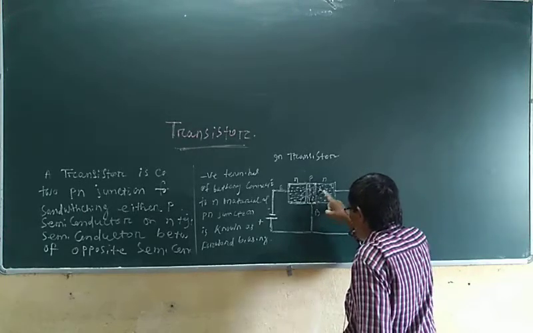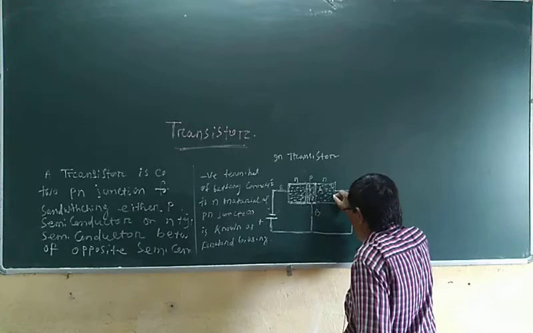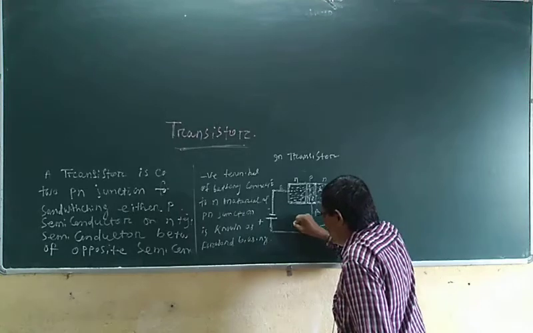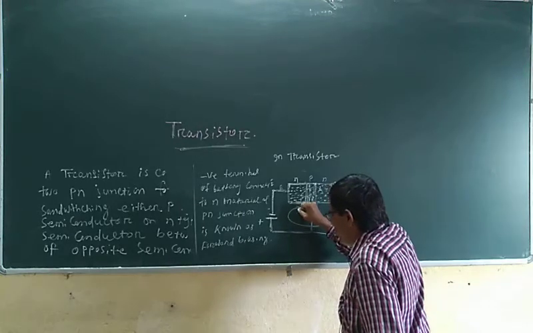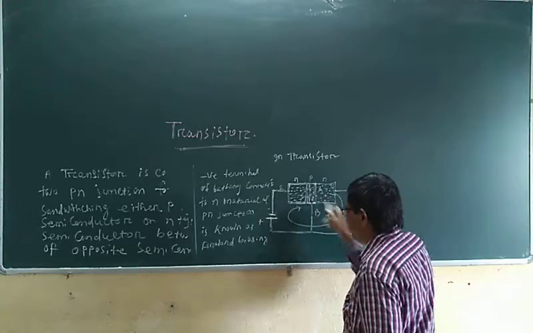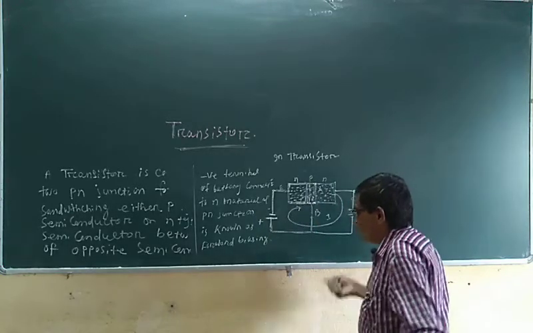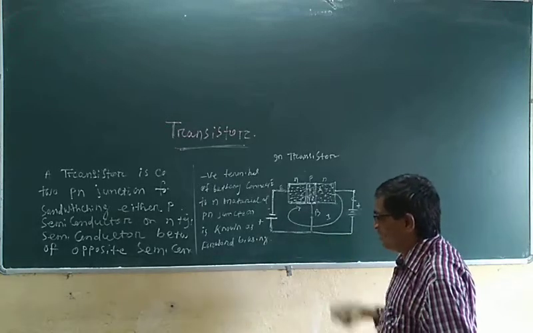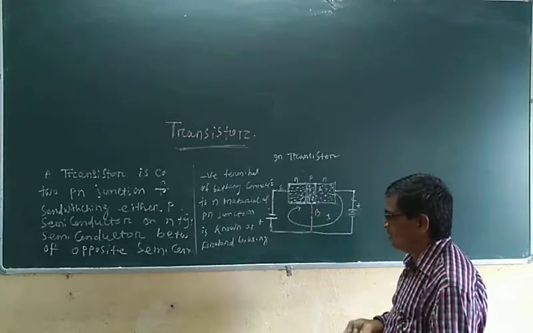It attracts all the electrons. In this way the electrons move in this circuit. Now the current flows across the transistor. In this way the current flows in a transistor by this action.